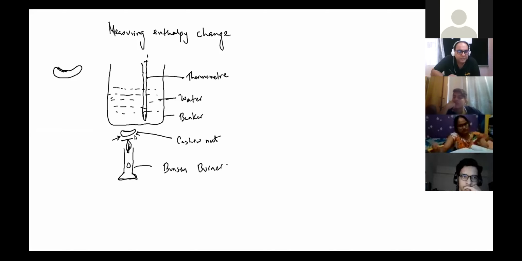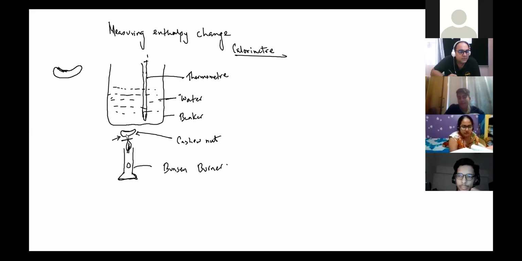So what we do is we use a colorimeter. So this is a colorimeter. What we do is we start burning this cashew nut. Okay, we have to make sure that the heat from the Bunsen burner does not reach the container.